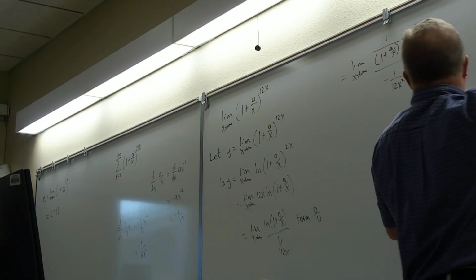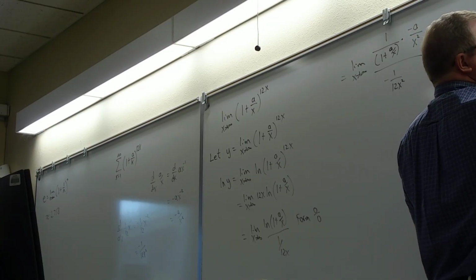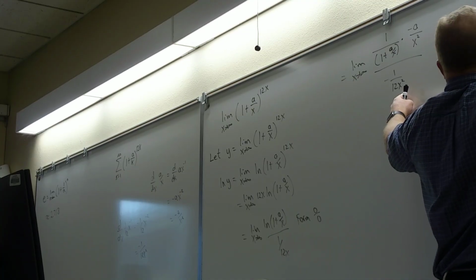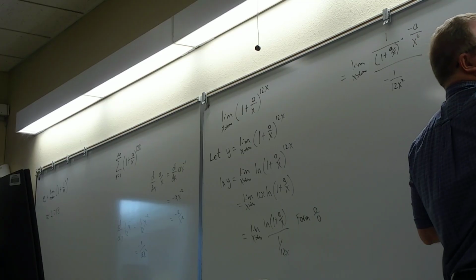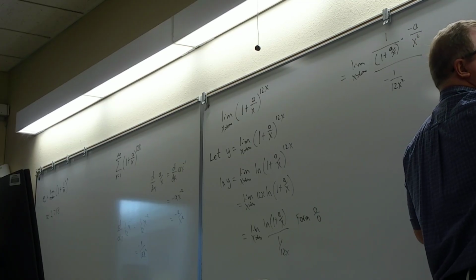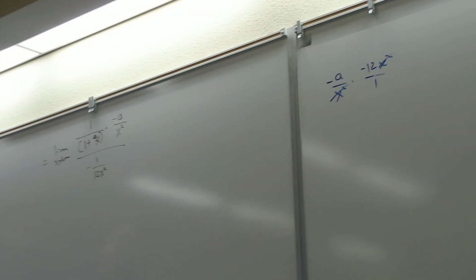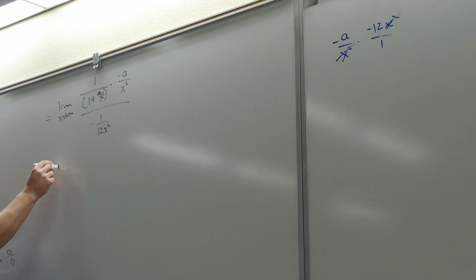Scratch paper work. I'm getting some blank stares. Times the reciprocal. The x squareds cancel out. Negative times negative is positive, 12a. So those two reduce to 12a, and it's going to be on top, the numerator.